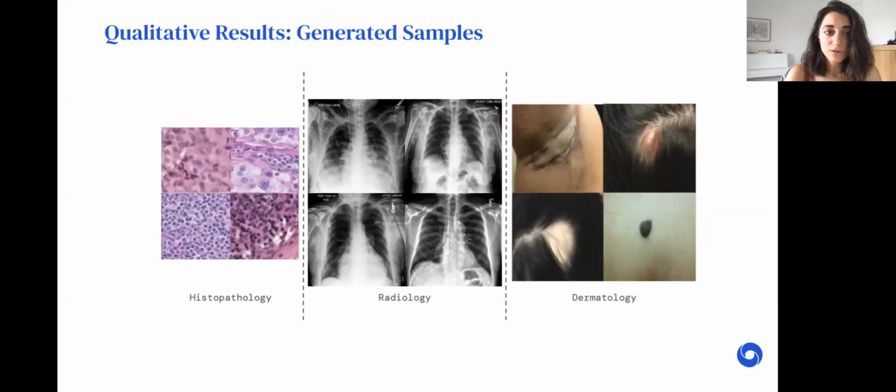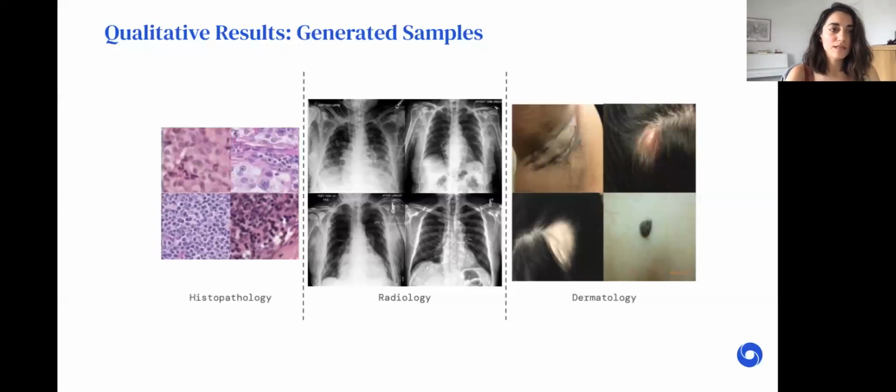This is high resolution compared to histopathology, but the presentation of the images is much more homogeneous as a whole compared to the dermatology data set, which is almost like natural images. And we also have a higher number of conditions. We have almost 300 different conditions that are grouped into 27 conditions that we look at more carefully.